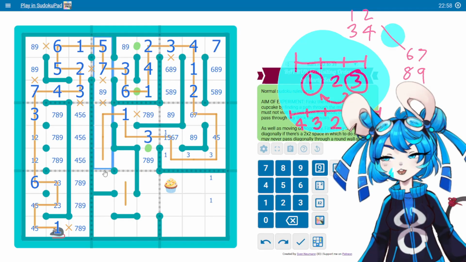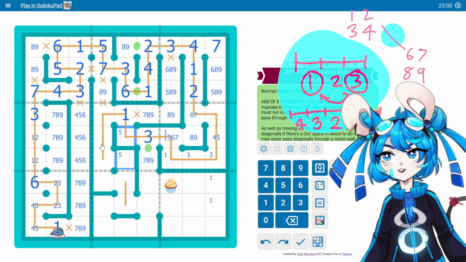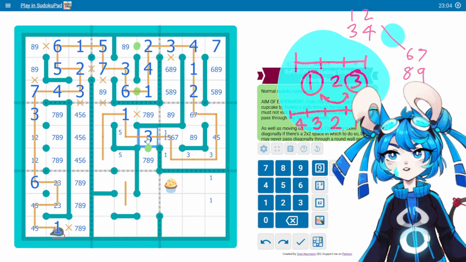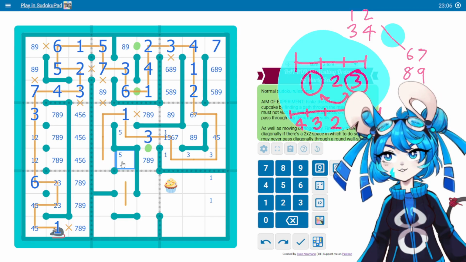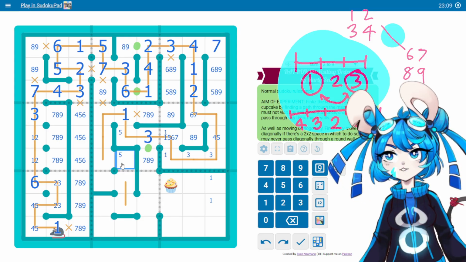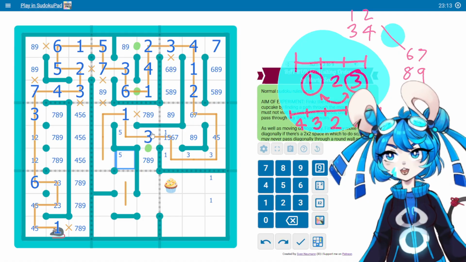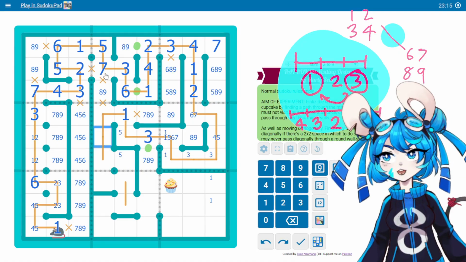The 5 in this box has to go in one of these 2 cells. So it's either positions 1, 2, 3, 4, 5, 6, 7. But that means that would put a 7 here, because it would be 1, 2, 3, 4, 5, which is impossible.